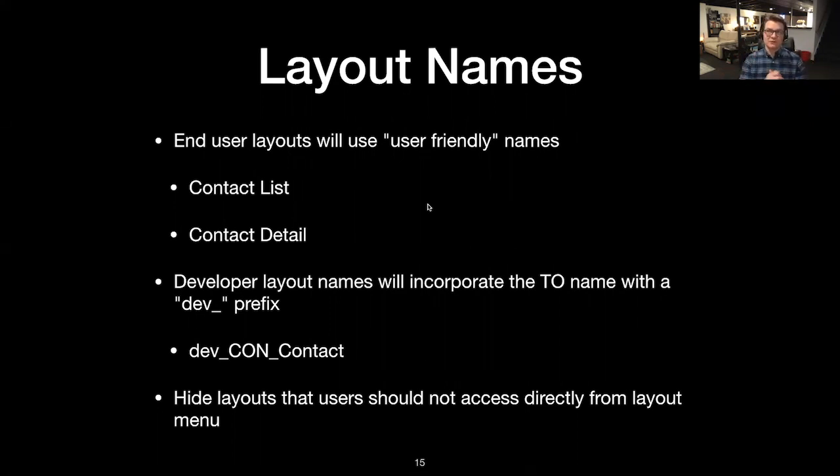So 2 examples I give here are a contact list and a contact detail. Those are 2 layout names that we may run into. Those are 2 ways we make user-friendly layouts, and I'll show some examples of that within our layout context when we're looking at our layout window, layout menu.